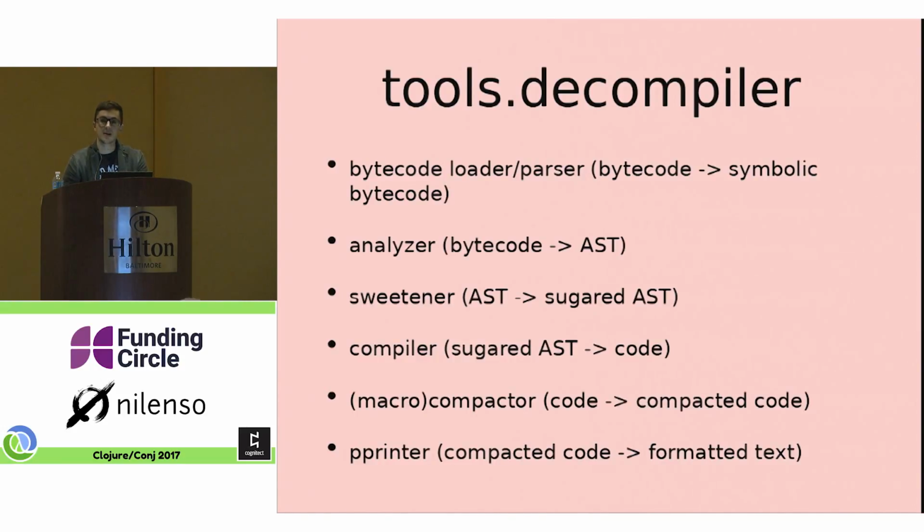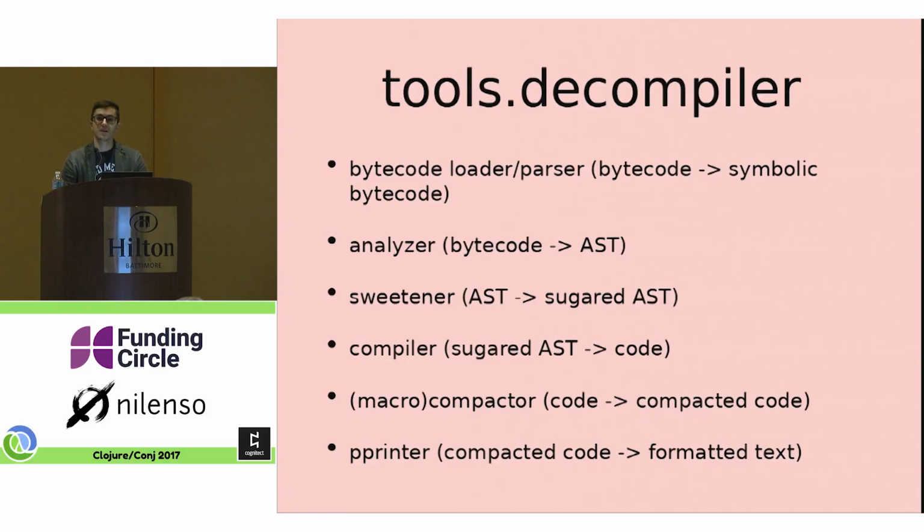We have then an analyzer that takes this data structure representing the bytecode and turns it into an AST, which is also data. We have a Sweetener, which is a phase that takes AST and returns AST, but does some sugaring over that AST.